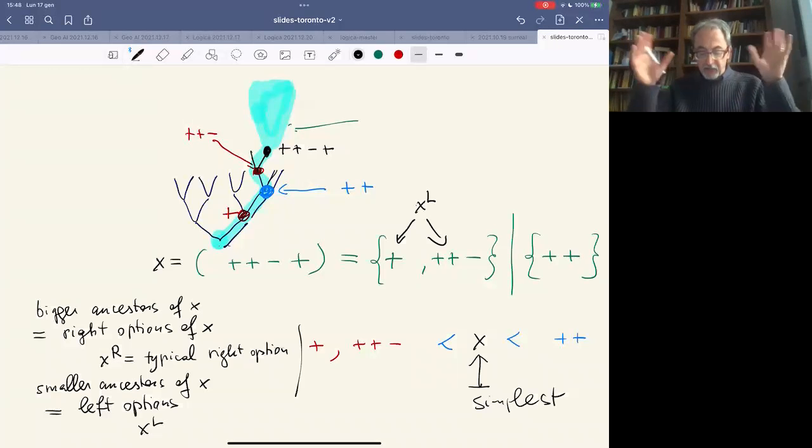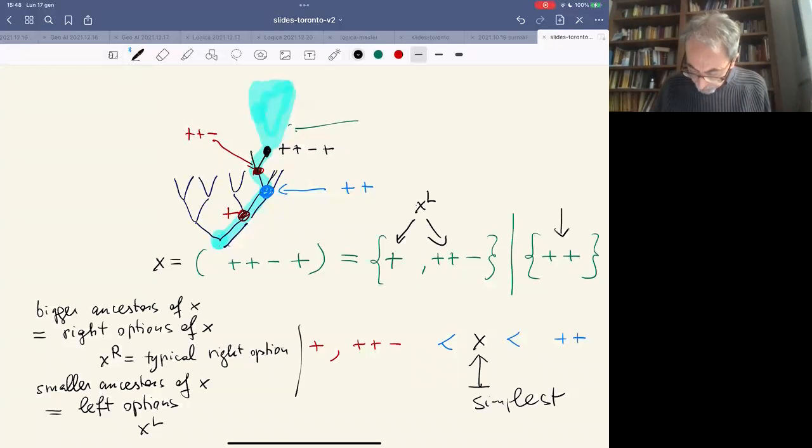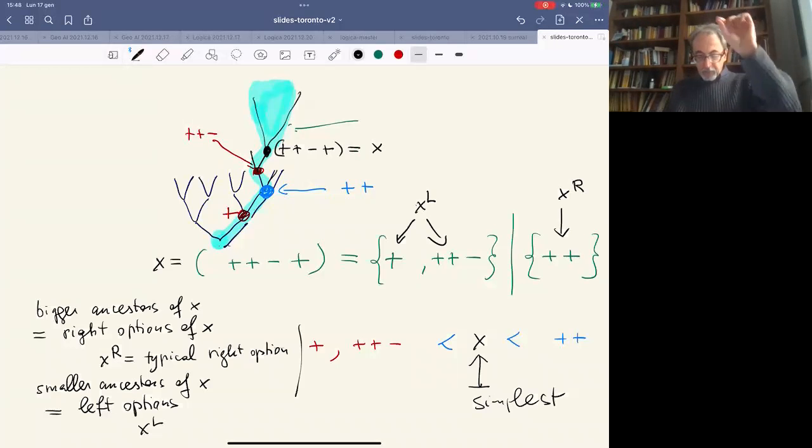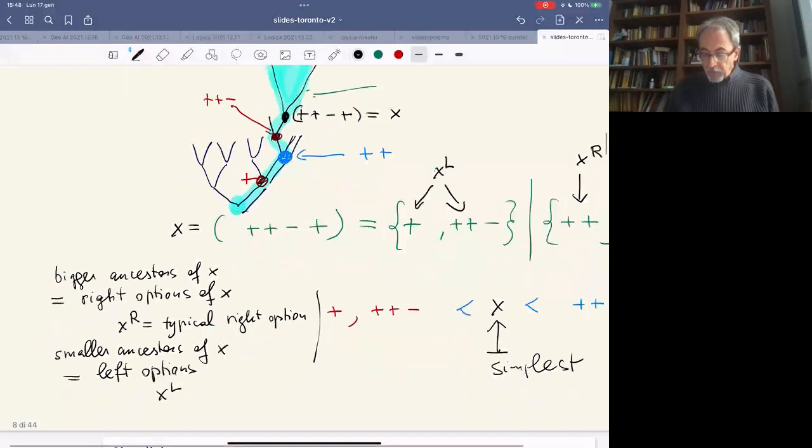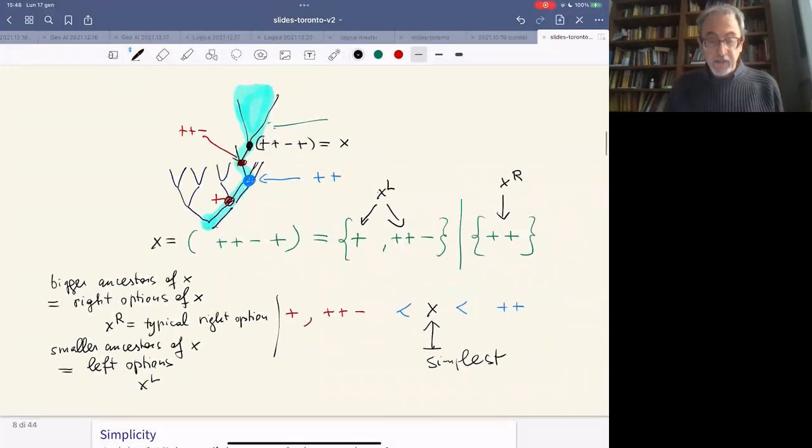So it's a generic name to denote either that or that. And this is XR. So it's something which is simpler, namely ancestor. Ancestor means simpler. Some of the ancestors will be left options, some other will be right options. Okay, now I can finally define the addition of two surreal numbers.